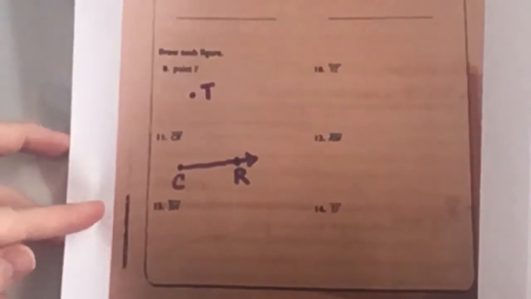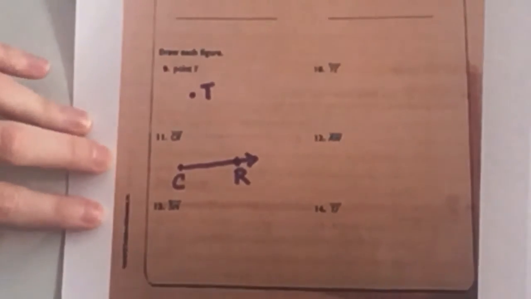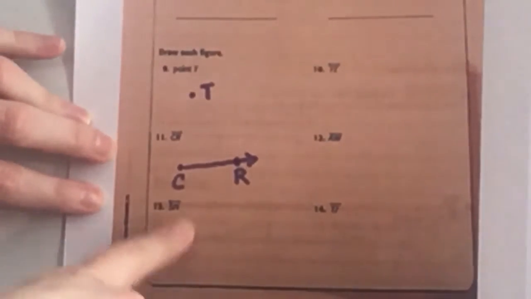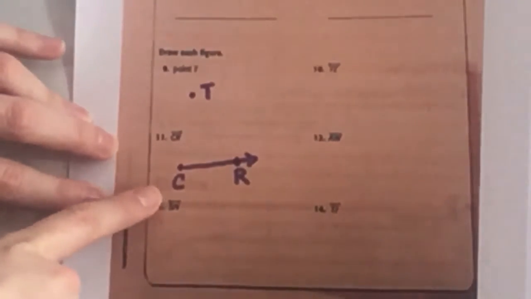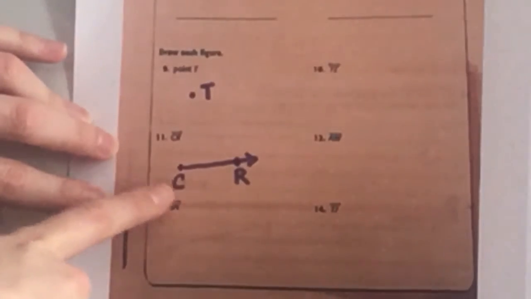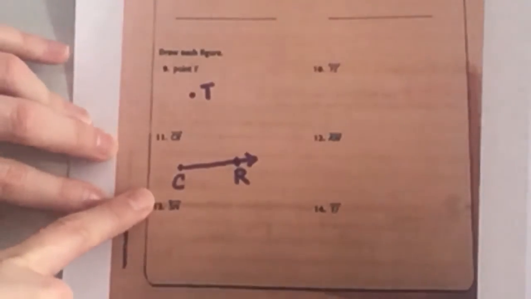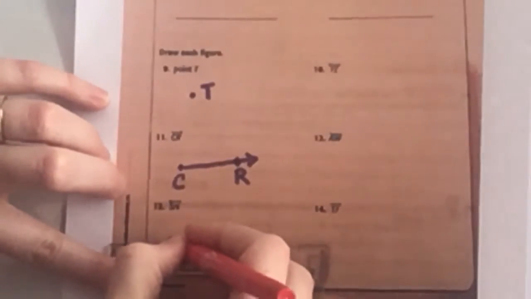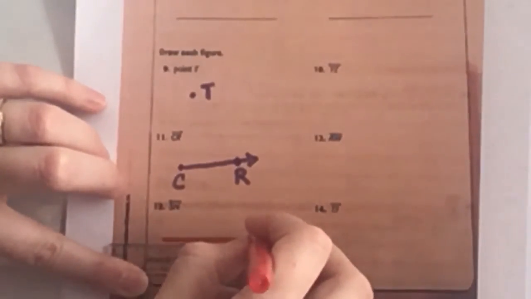So I'm going to take a look here, and I see on number 13. Let's look at that one. Now I notice in the symbol above that, it has 2 arrows, and I know that that means it's a line. So I'm going to go ahead and draw a nice line using my straight edge.